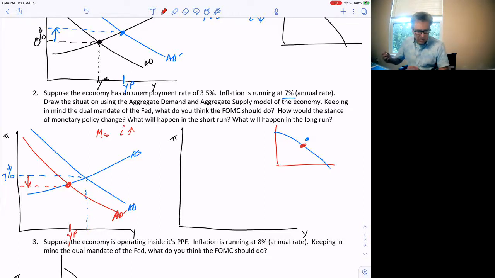What's going to happen in the long run? So let's see. We've got our long run aggregate supply curve.